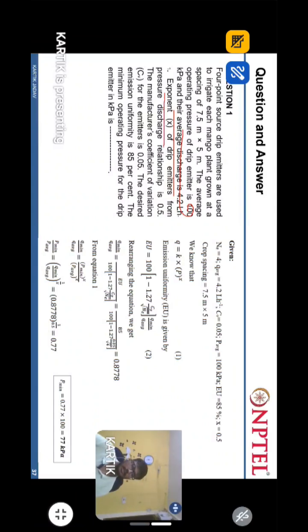Exponent x is given for the drip emitter, that is 0.5, and the manufacturer's coefficient of variation CV is also given as 0.05. The desired emission uniformity is 85%. The minimum operating pressure of the drip emitter in kilopascal we need to identify, right?